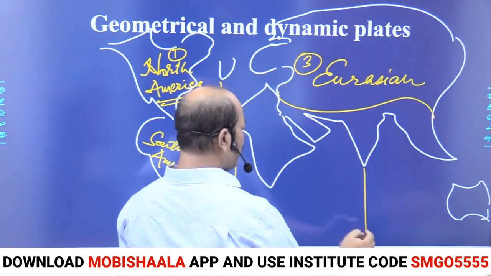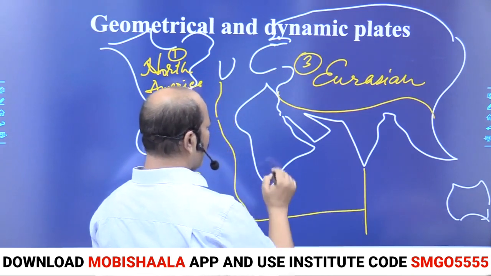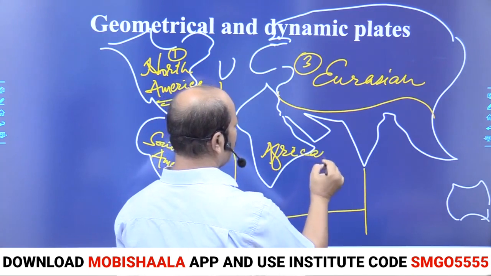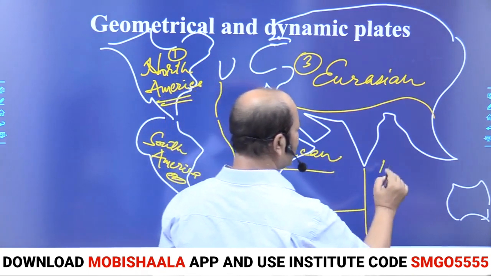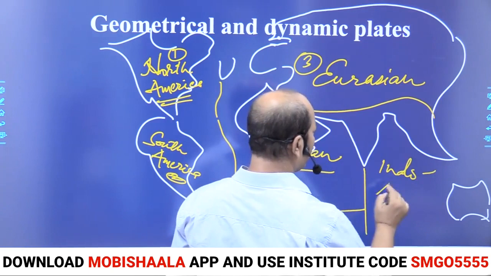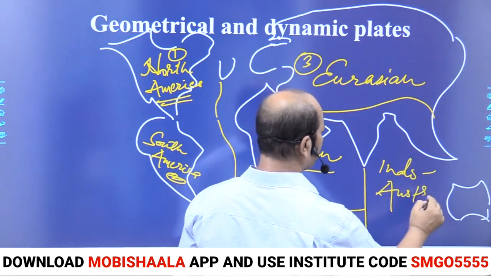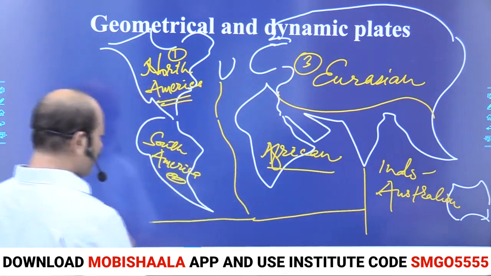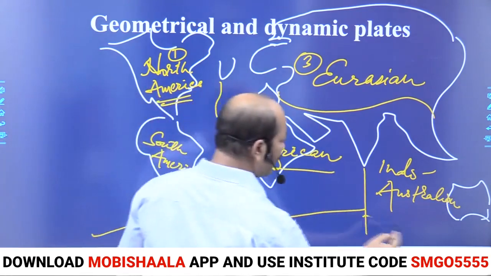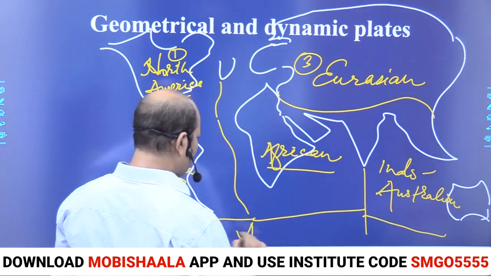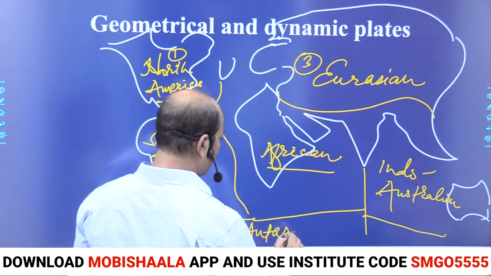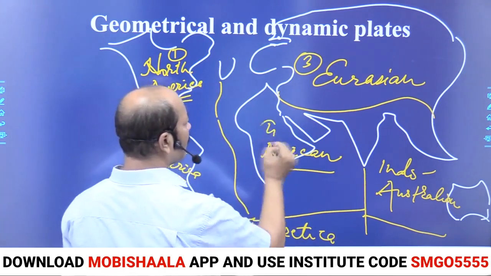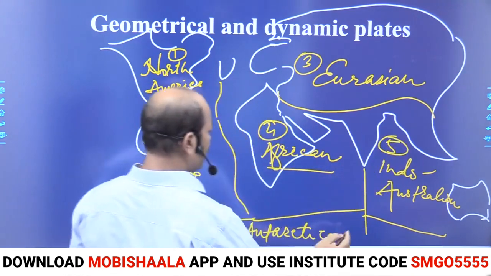From the Indian Ocean area we can bifurcate the areas and it is named the African plate. This one is the Indo-Australian plate. Now the south of this, in the southern section, we name it the Antarctica plate. So name it like third, fourth, fifth, sixth.